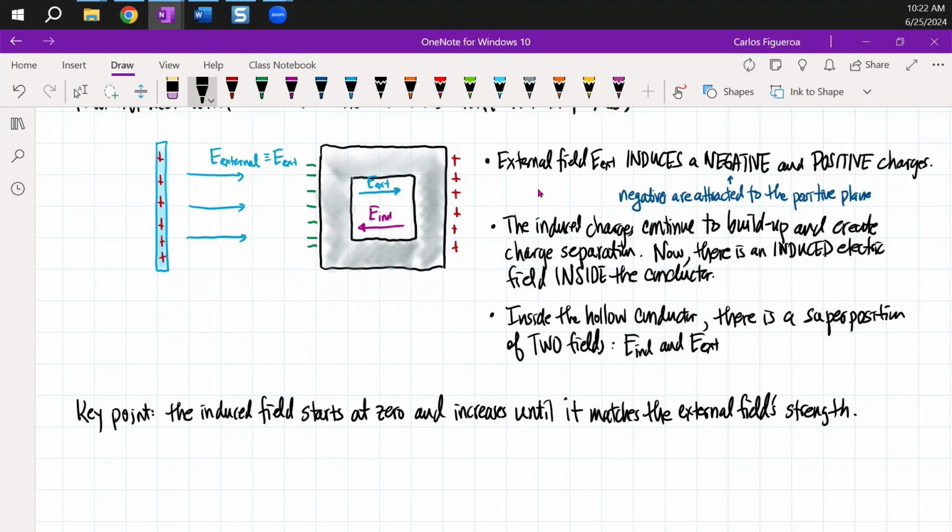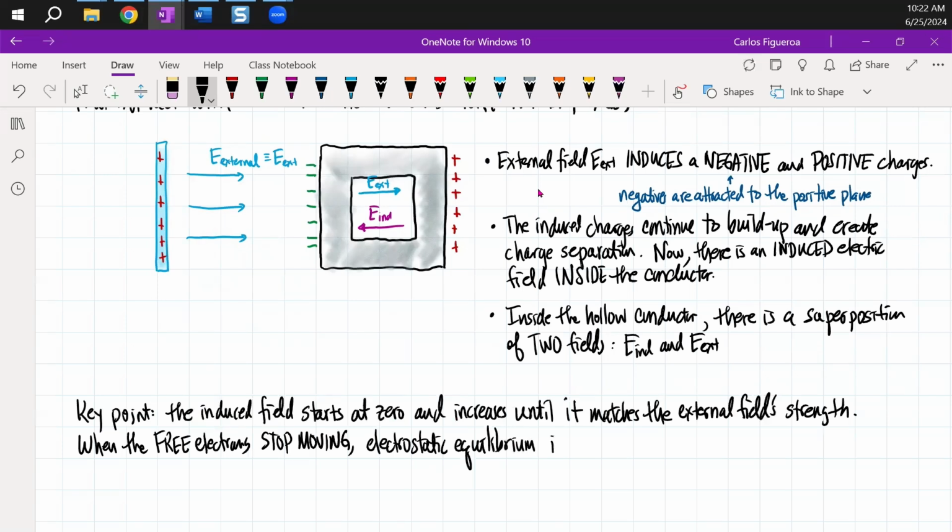So when the free electrons stop moving, electrostatic equilibrium is now established.